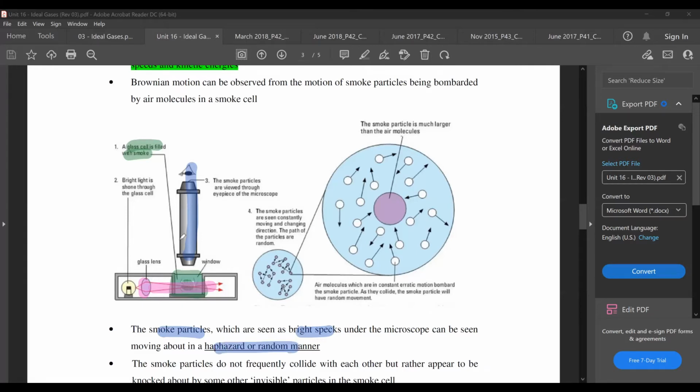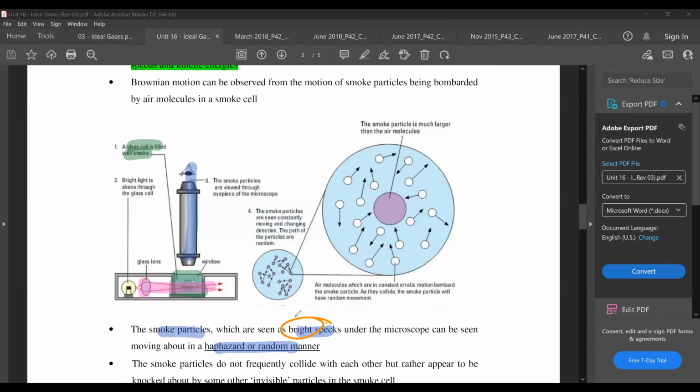Your glass cell contains smoke particles and air molecules, but when you view it under the microscope, illuminated by light, the smoke particles are the only ones you can see. They are normally seen as bright specks of light, but the air molecules themselves cannot be seen, even though you're illuminating the smoke cell.